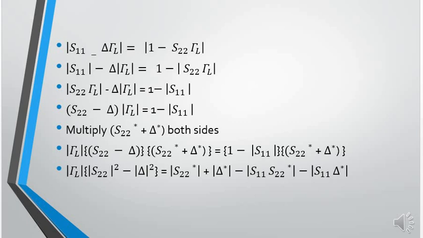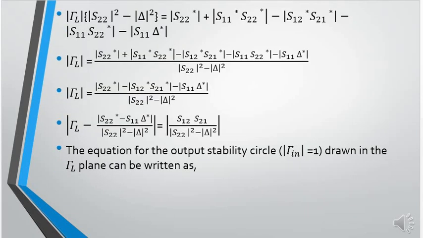So here S22 conjugate plus del conjugate minus S11 into S22 conjugate minus S11 del conjugate. So gamma L into S22 square minus del square equal to S22 conjugate plus S11 conjugate into S22 minus S12 conjugate into S21 conjugate minus S11 into S22 conjugate minus S11 del conjugate.